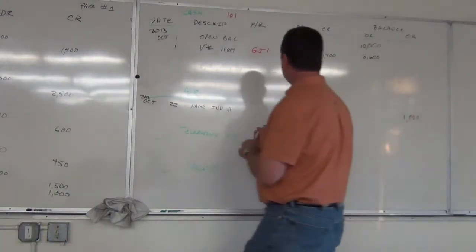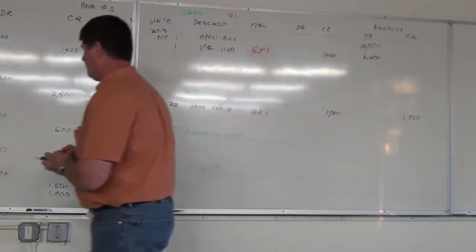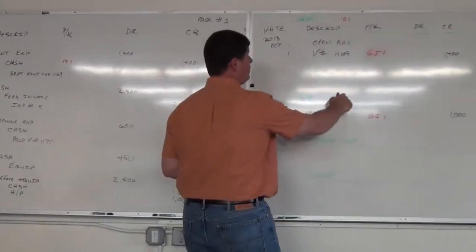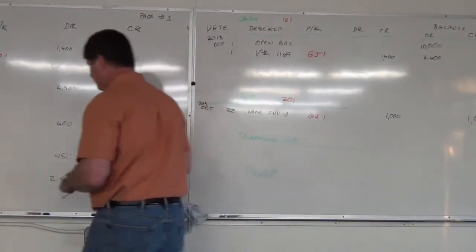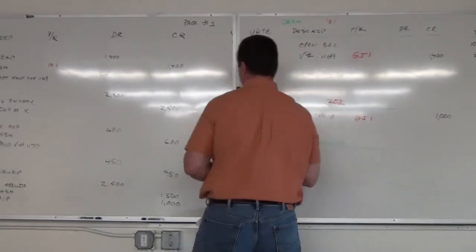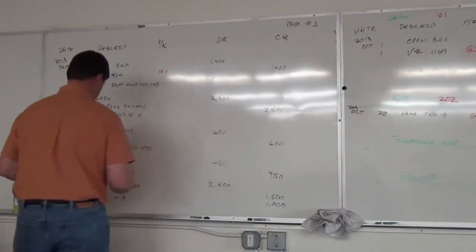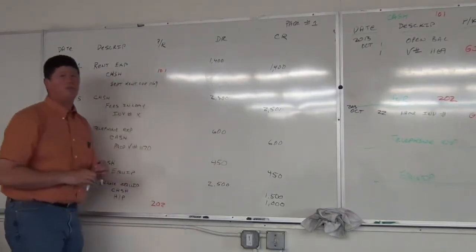My posting reference again is General Journal 1. What's my account number for accounts payable? Let's call it 201. 202. Okay. So much for making these up as I go. And we would come over here and put in 202.